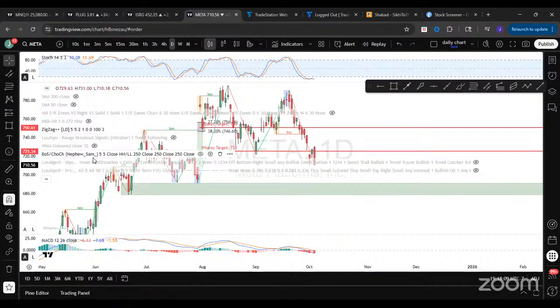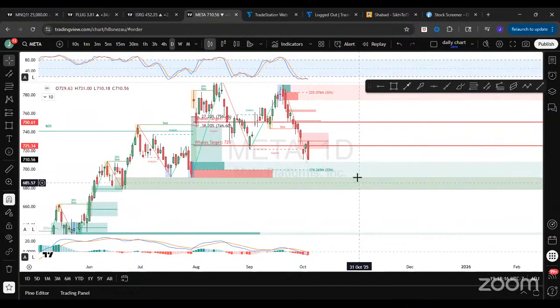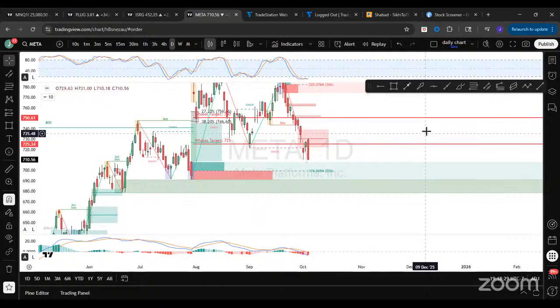Where is Lux Algo point? Yeah, Lux Algo is right there too. 700 to 707, and I'm right below that. So yeah, that looks like a good zone there.